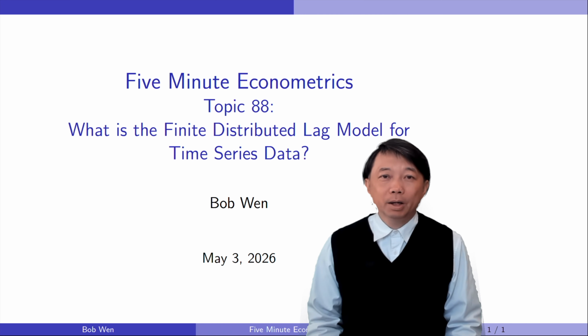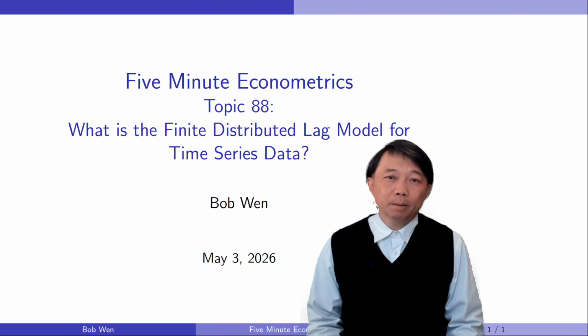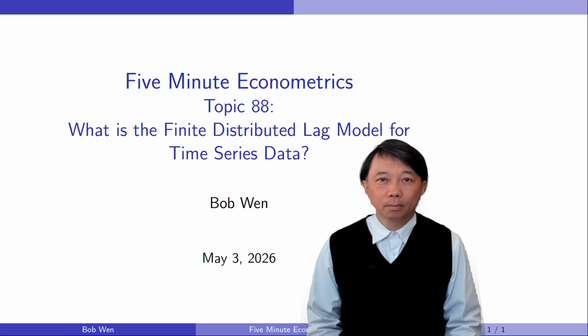Last time, we explored the differences between cross-sectional and time series data. Cross-sectional data capture the variation of different individuals at a single point in time, while time series data follow the same individual over multiple time periods.